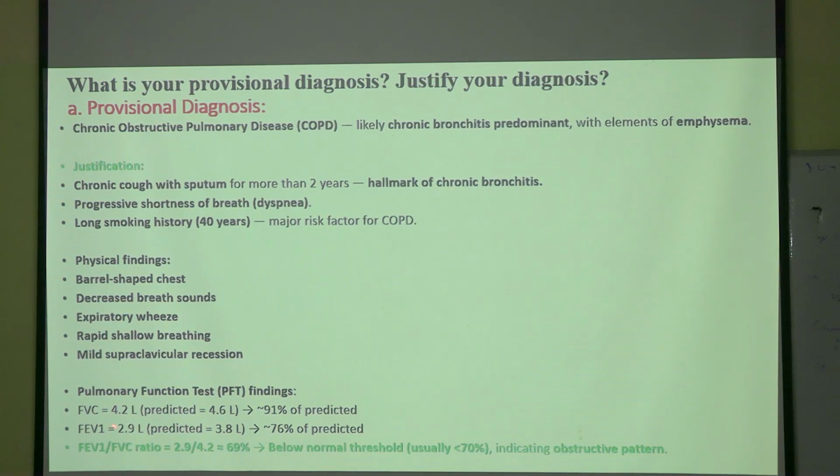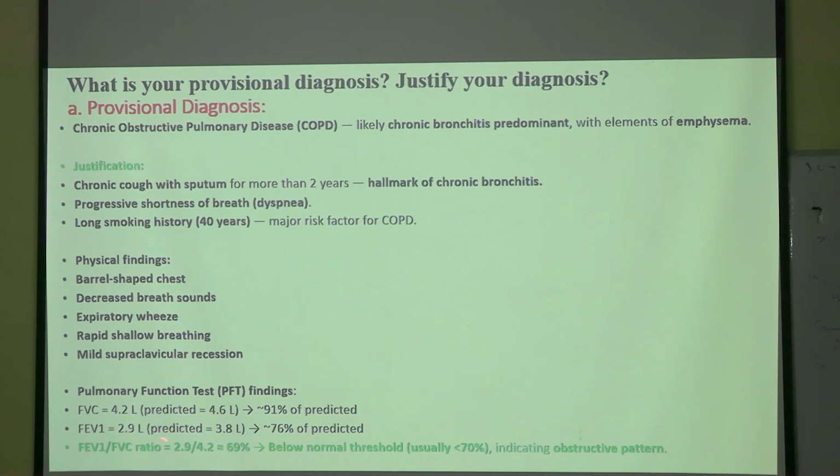Now if you compare these obtained values with the predicted values, also given in the case, FVC is around 91% of the predicted value, right? And FEV1 is around 76% of the predicted value, right? Now based on the obtained values of FVC and FEV1, we can calculate the ratio of FEV1 over FVC, right?